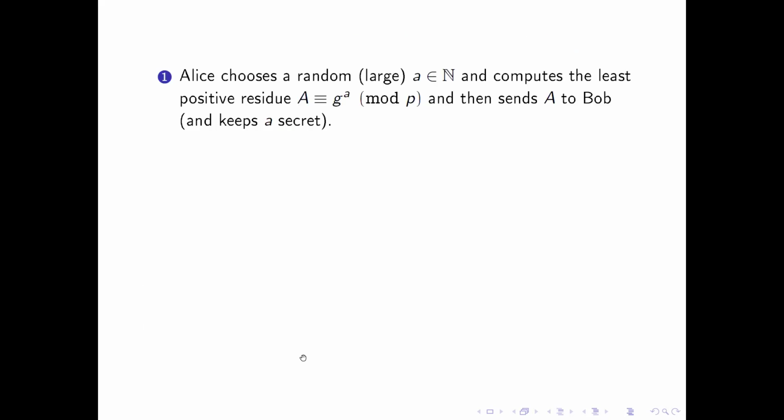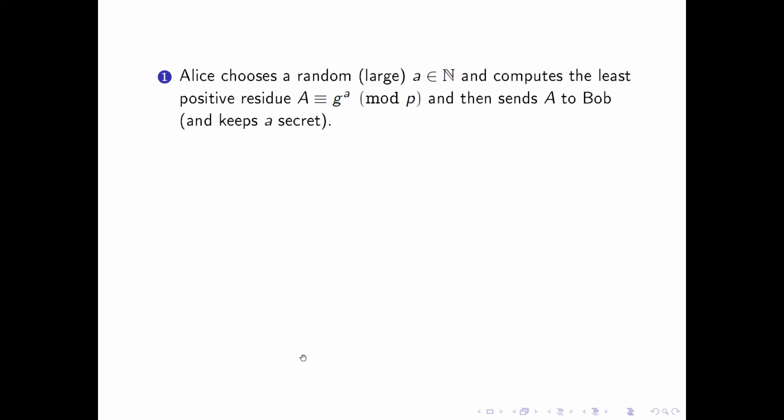Alice is going to pick a random large number a and then compute G to the a mod P. Hopefully a is not bigger than P. It could be, because of the cyclic nature of mod P, but you might as well pick any value up to P minus 2. I don't want to pick P minus 1 because any value to the P minus 1 is just going to be 1.